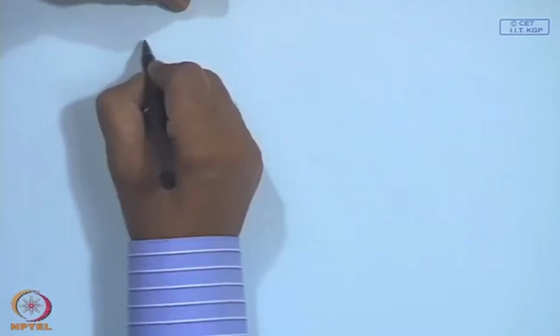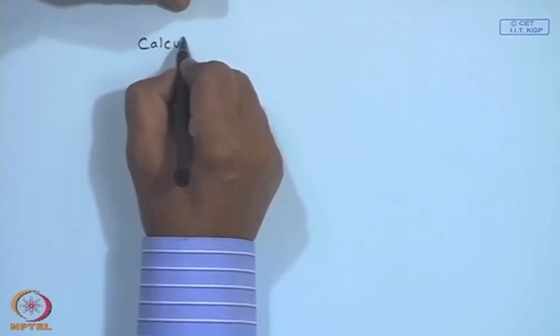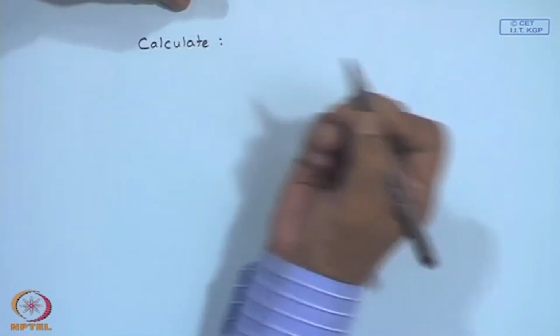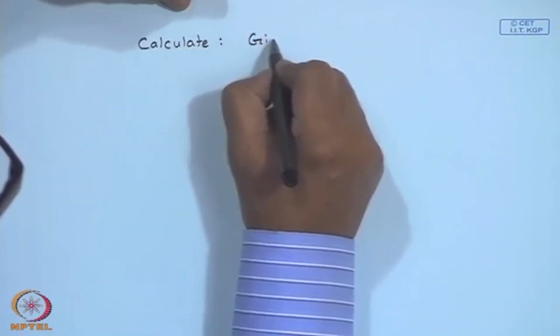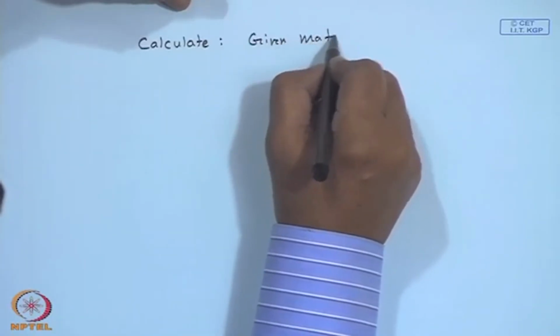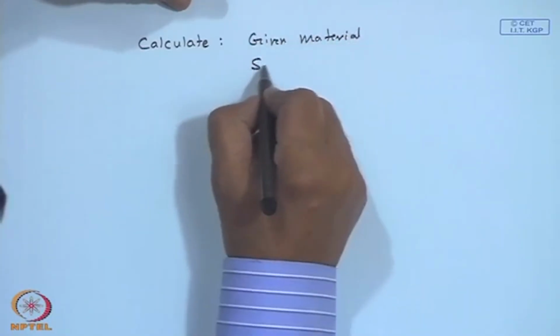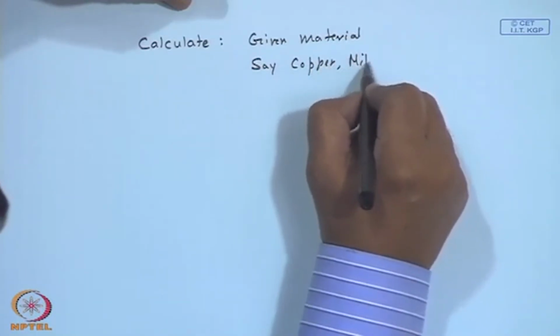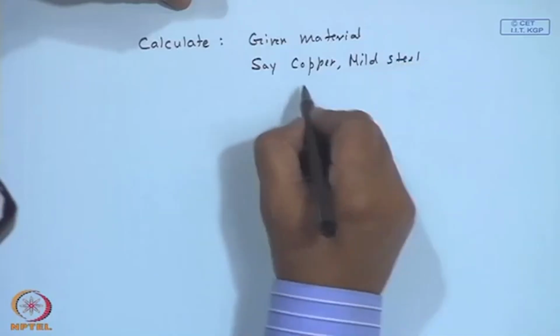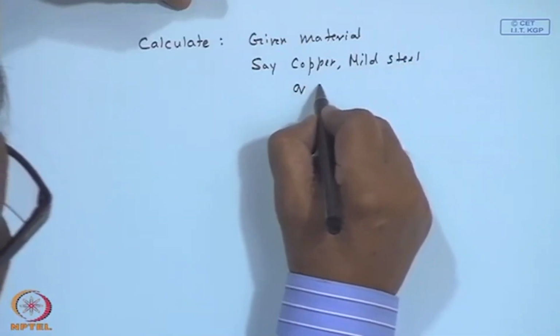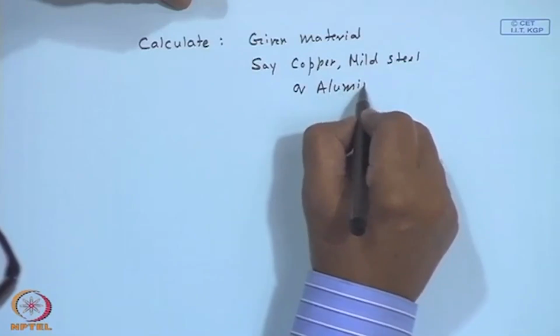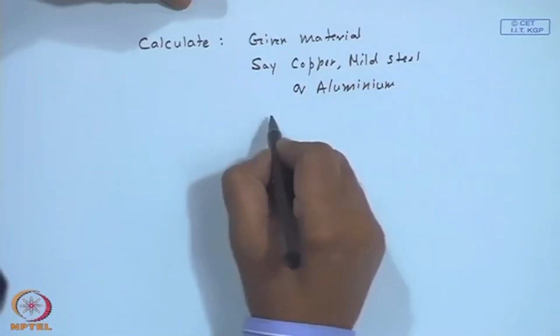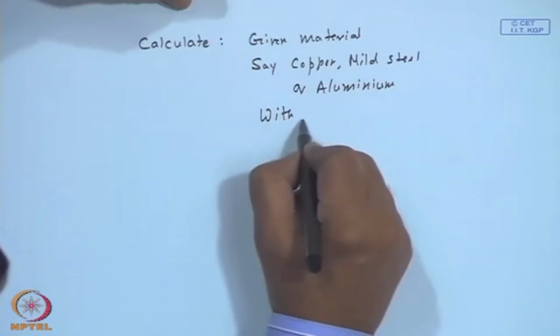The other method is simply to calculate for a given material, say copper or mild steel or steel or aluminum, with W, d, delta being the same.